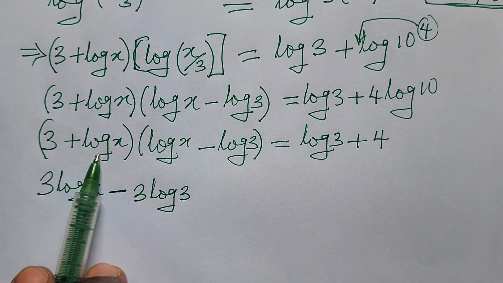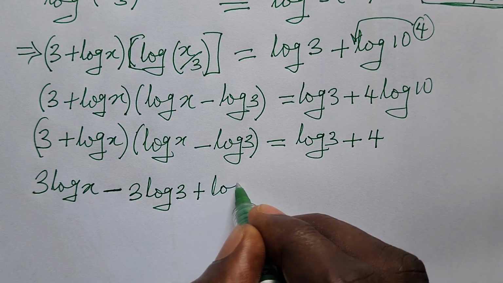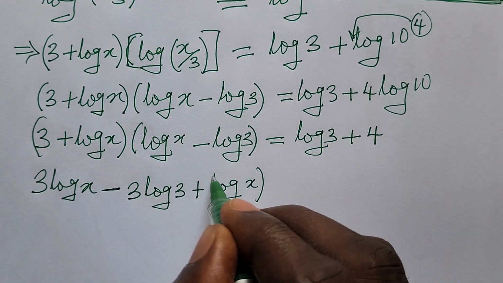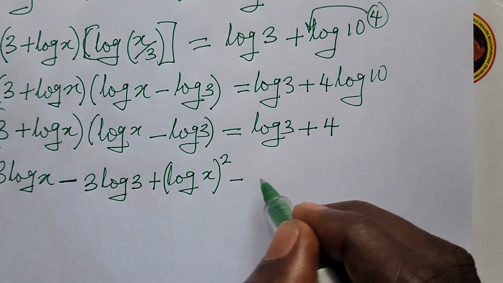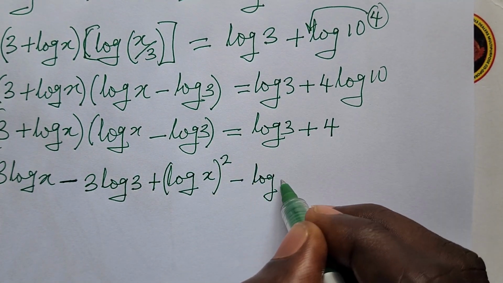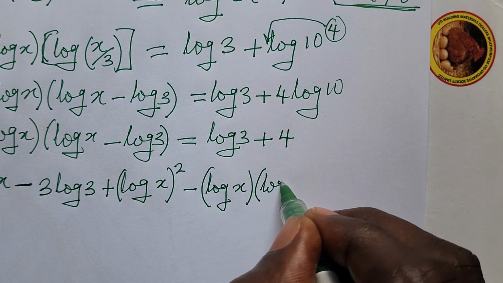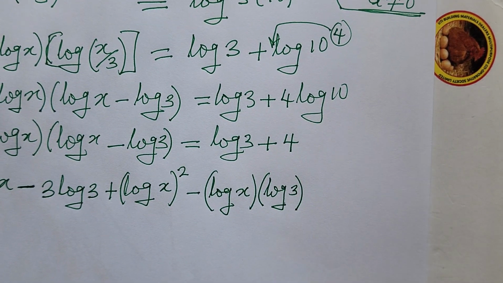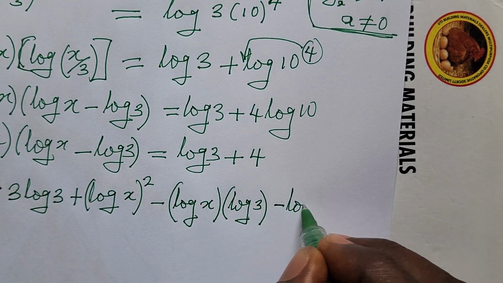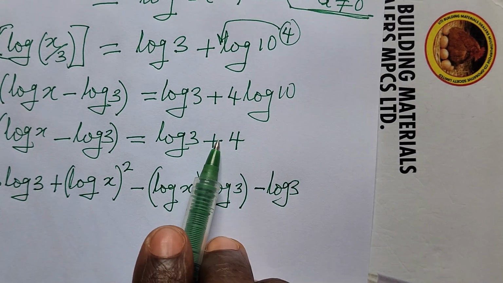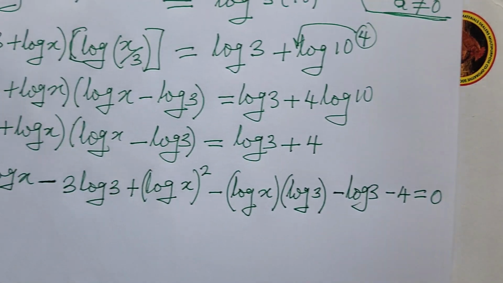Then we use log x times this, which gives us plus (log x)^2. We use this to multiply this, which gives us minus log x times log 3. We are moving this to this side, so this will give us minus log 3, then this will turn to minus 4, equal to 0.